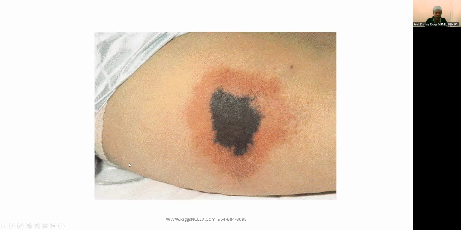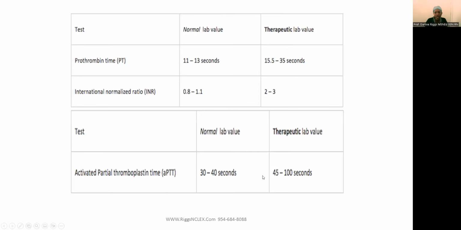We'll go over some memorizations of levels in a moment, right here, this little table. So instead of doing that math with 2 to 3 times the normal level, you just want to memorize these. So the normal lab level for PT that we want is between 11 and 13 seconds. That's without the blood thinning.